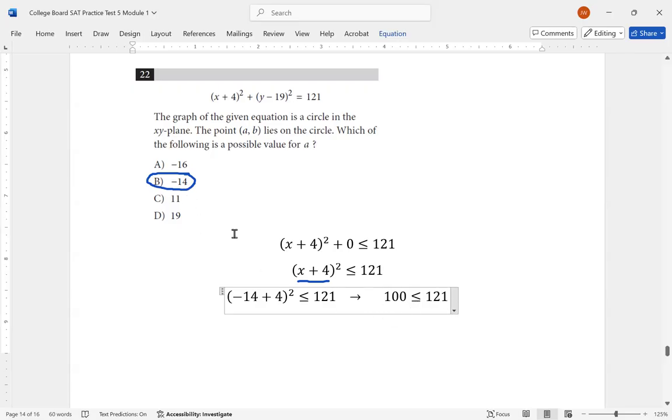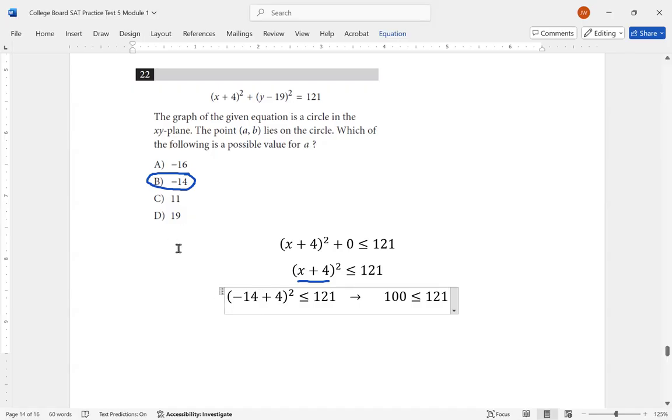If you'd plug in 11, you'd get 15 squared, and that's above 121. In fact, 15 squared is 225, which is well above 121. And if you plug in 19, you get 23 squared, which is above 121 as well.